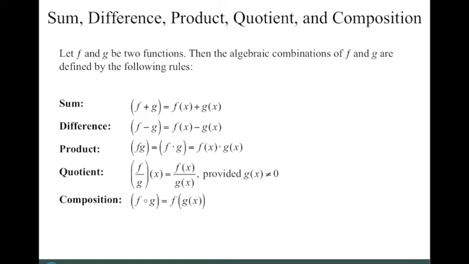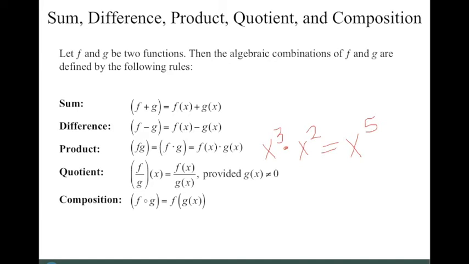So for example, if I have x cubed times x squared, and I multiply those two functions, this becomes x to the 5th. Our exponent rule says that if our bases match and we multiply, then the exponents are added together. So the product here is x to the 5th. So just be careful of all of your product rules.